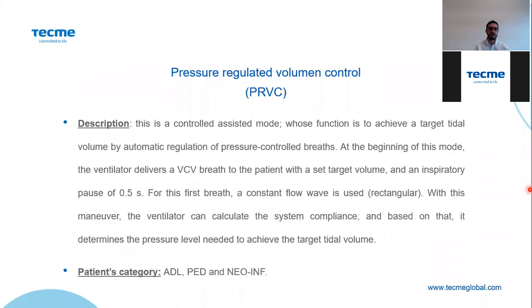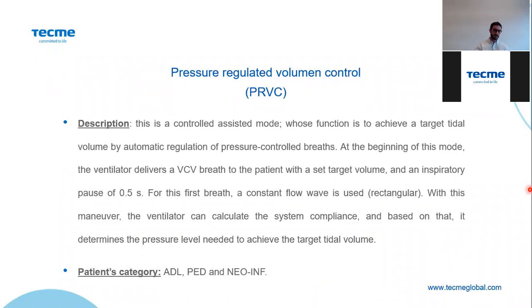The idea is to achieve a target tidal volume by an automatic regulation of the pressure controlled breath. So what does it mean?